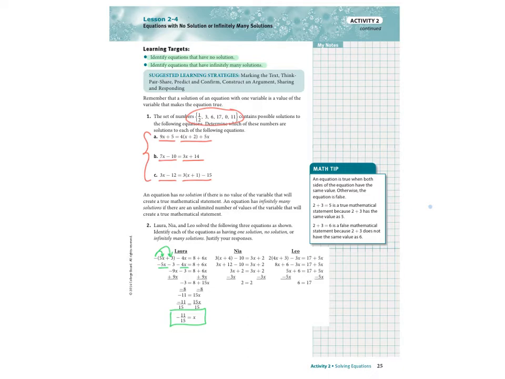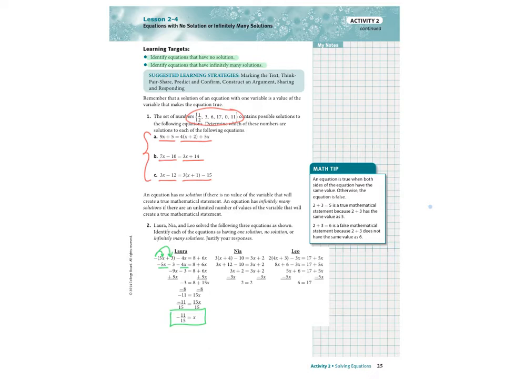We can see that our x value, our solution of negative 11/15, is what is going to make this equation true, meaning that both sides of the equation will balance, will equal the same resulting number if I input that negative 11/15 back in for x.